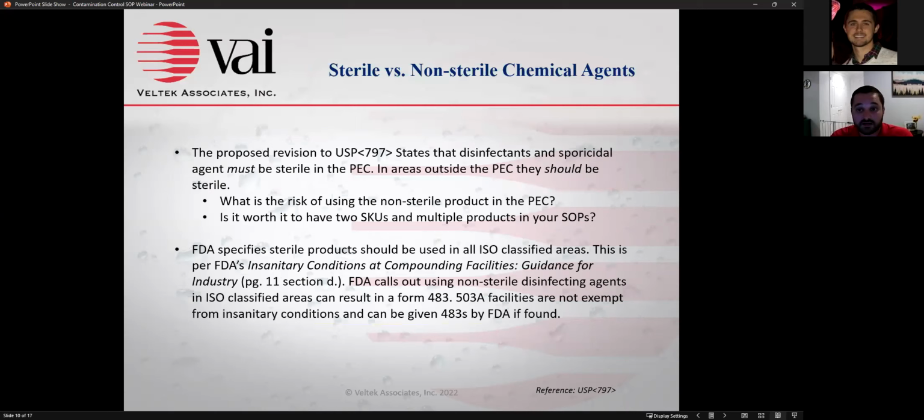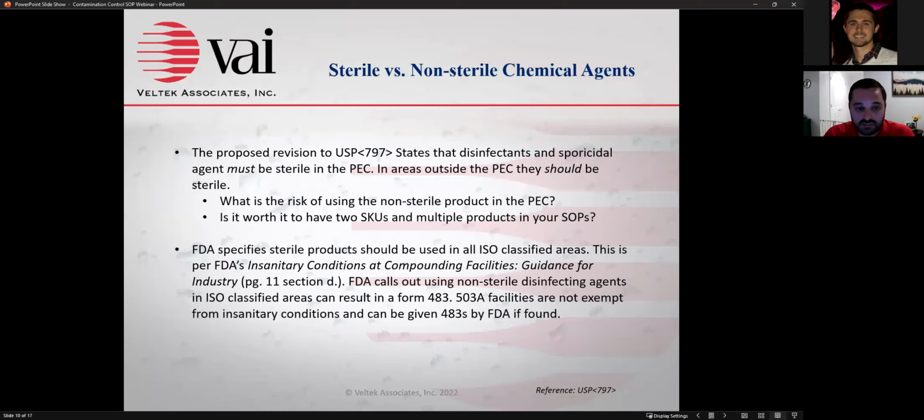Sterile versus non-sterile. This has been kind of a topic for debate with the version of 797 that's on the books right now. It doesn't really call out to use specifically sterile disinfectants and sporicides in the ISO 5 areas. Well, the new proposed revision of 797 does state that disinfectants and sporicidal agents must be sterile in the PEC, the PEA, and areas outside of the primary engineering controls.